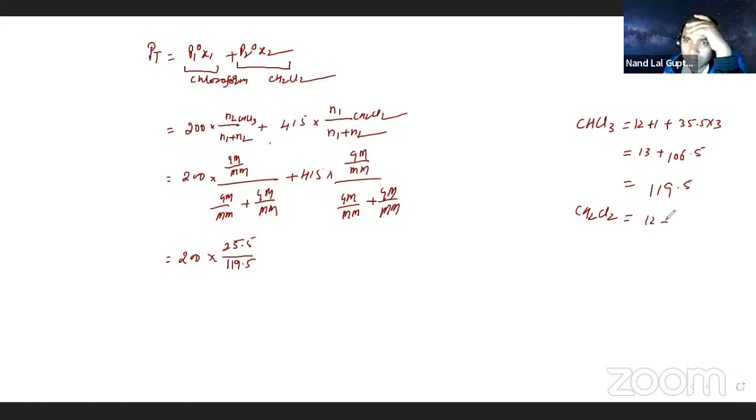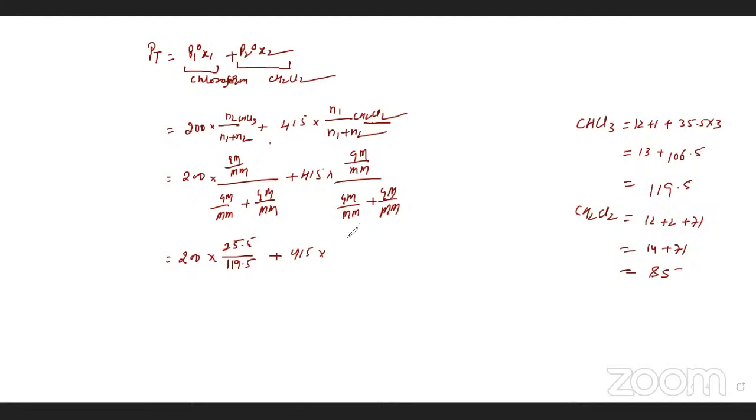And CH2Cl2 is 12 plus 2 plus 71, so 14 plus 71, how much will it be? 85. Okay, so here plus 415 multiplied by the given mass of dichloromethane. Can you tell me? The given mass of dichloromethane is 40 gram.